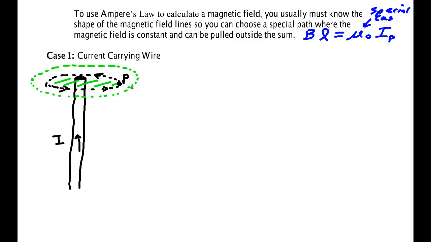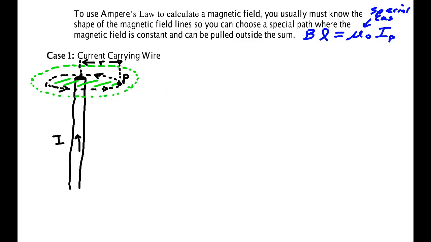Now what I want to do is take, of all the circles on all the field lines, one that includes the point P that I want to calculate the magnetic field for. If you don't know what that point is, you simply make it a point that's at some distance r, an arbitrary distance, from the center of the wire.